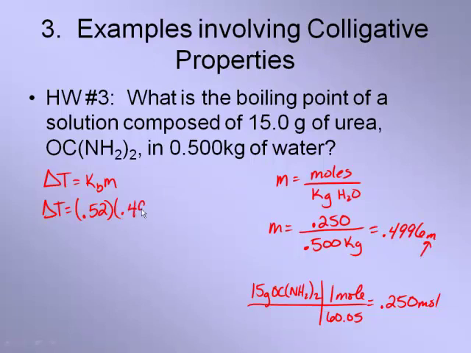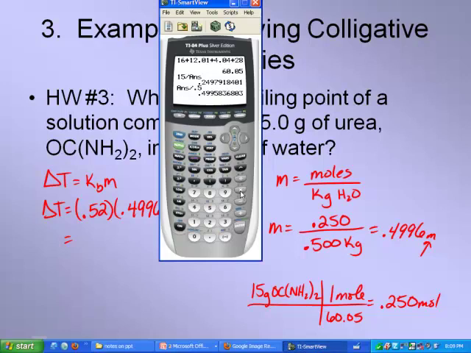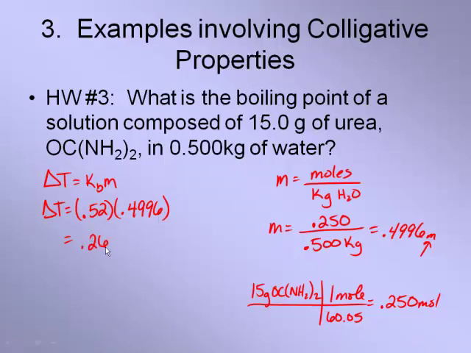So it comes over here, 0.4996 goes into this formula, multiply it by 0.52, and I get 0.260, we'll call it, degrees Celsius. That is not my answer. That is only the change in temperature. So this is 100 plus 0.260 is equal to.